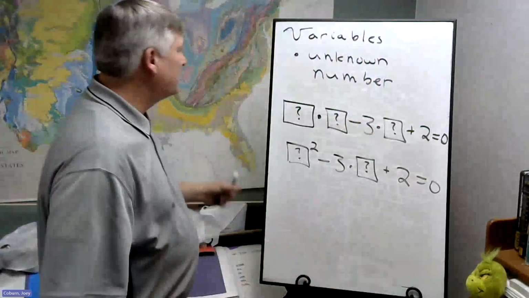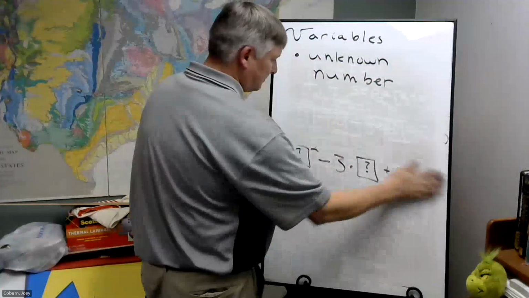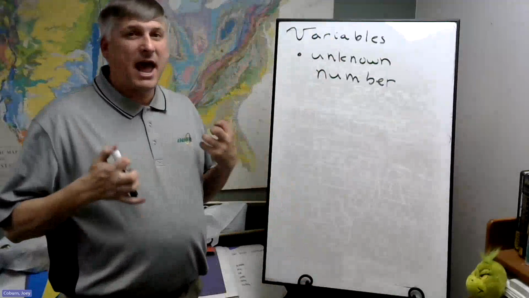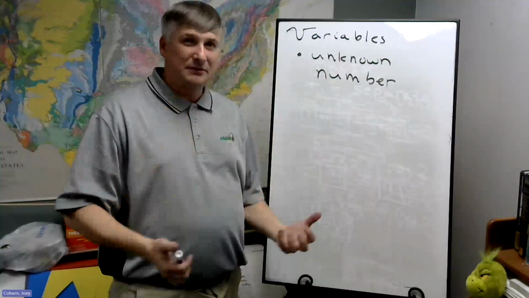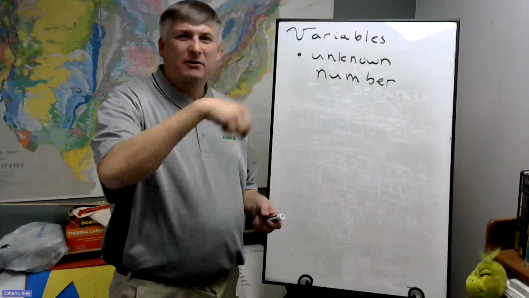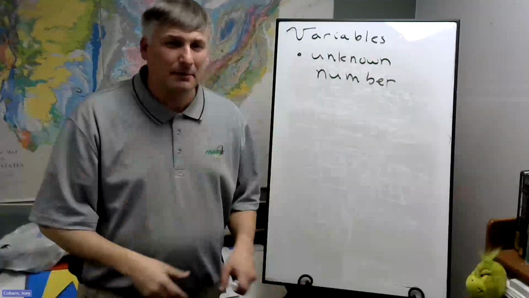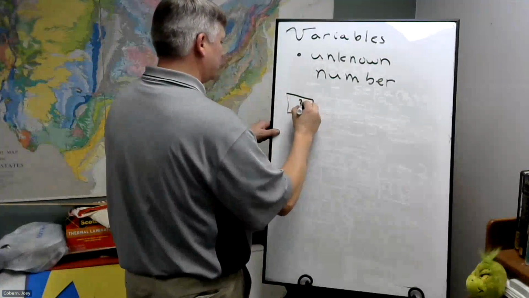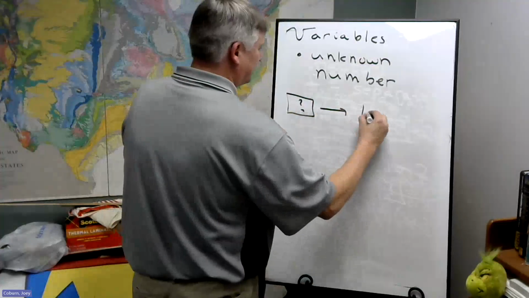The last thing to mention, for reasons that probably have to do with simplicity, maybe even saving ink, saving wear and tear on writing with your wrist the whole time, we typically represent variables using letters.